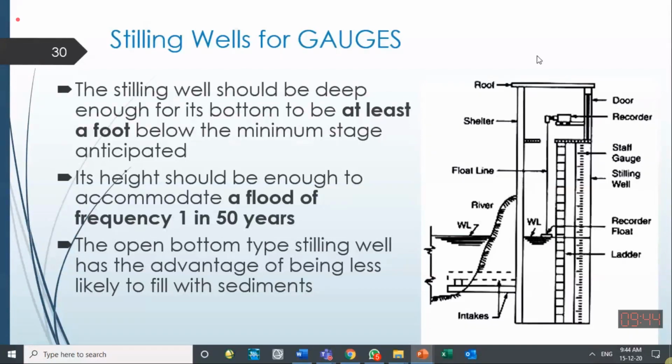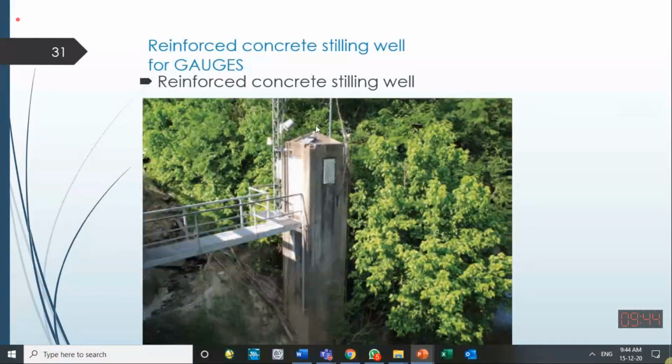So it should be sufficiently high so that a flood which is expected once in 50 years, we call it a flood of 50-year return period, should also come within the depth of this well. Here is an actual stilling well installed over here, and it can have many other instruments.